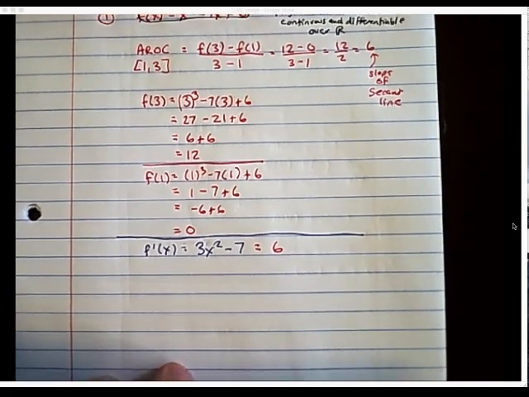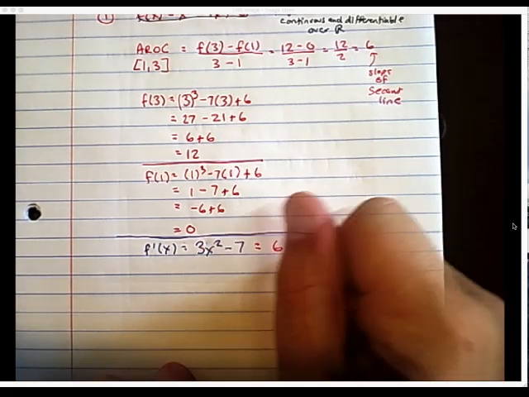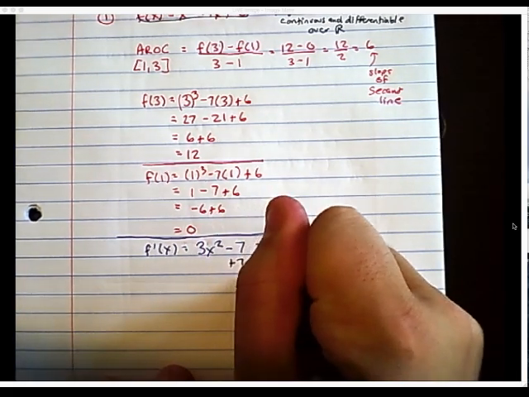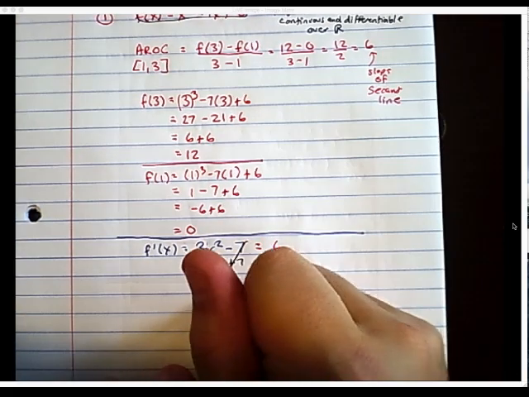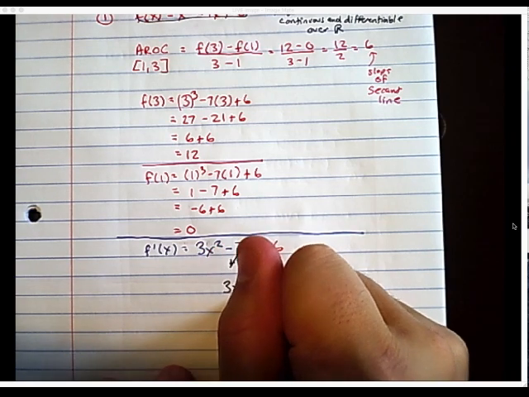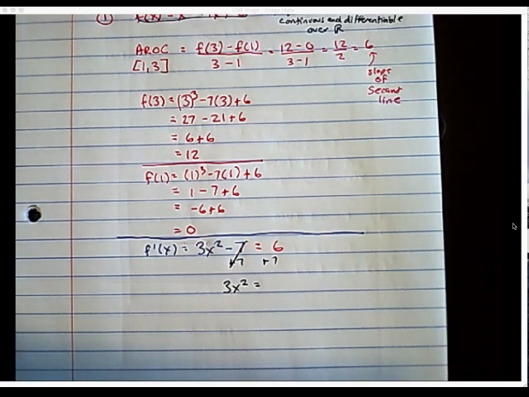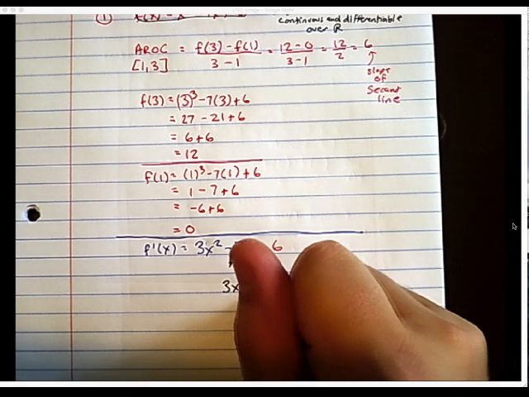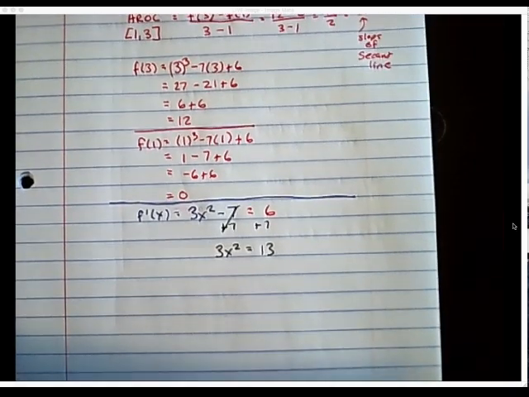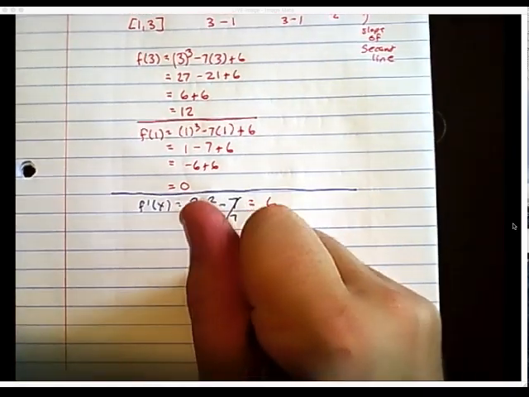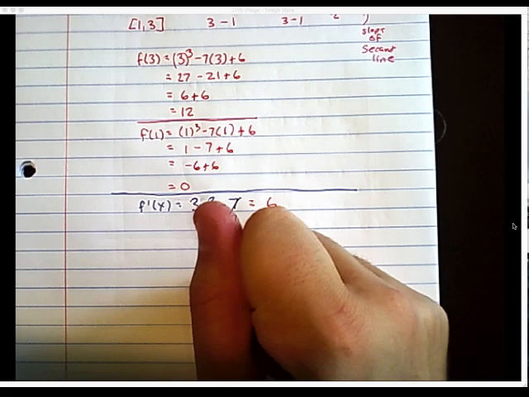So, just doing some algebra here, add 7 to both sides. Gets those to go away, so now I have 3x squared equals 6 plus 7 is 13. Divide both sides by 3.